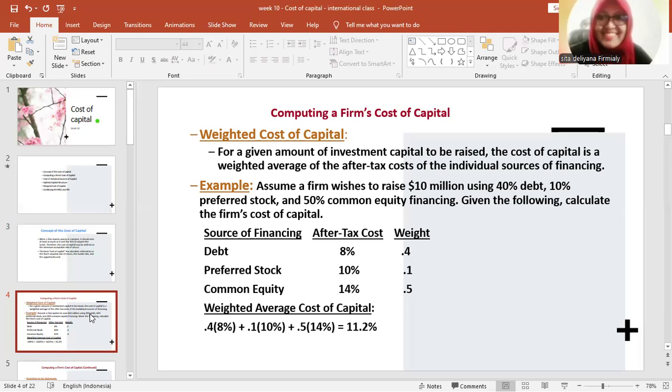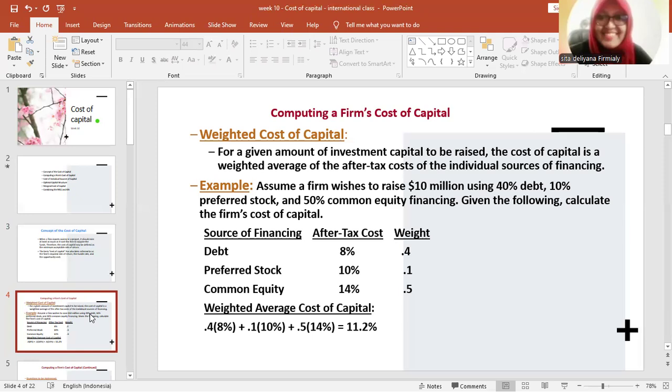That means that for this firm, the cost of capital will consist of two parts. The first one is 50% debt, and the second one is 50% cost of retained earnings. That's why for this firm, the cost of capital will be a combination of these two. That's what we call the firm's cost of capital at the composite level.